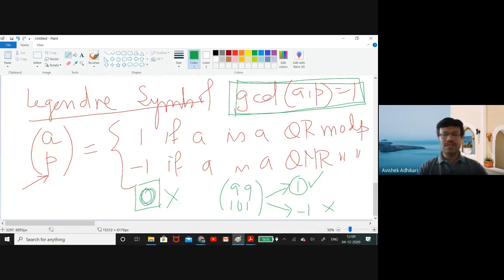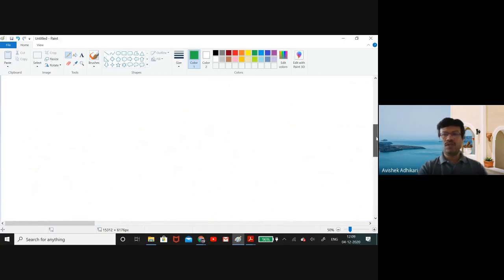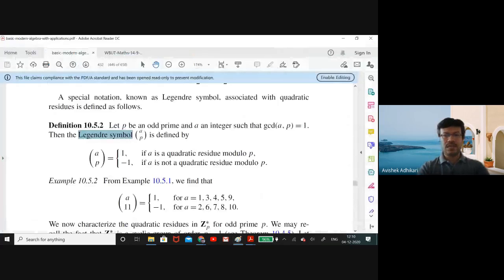So that is our goal, to find this value. But till now, we are not in a position to calculate it. We have just started a journey towards it by defining the term Legendre symbol. So we need some formula or some technique to calculate this value.